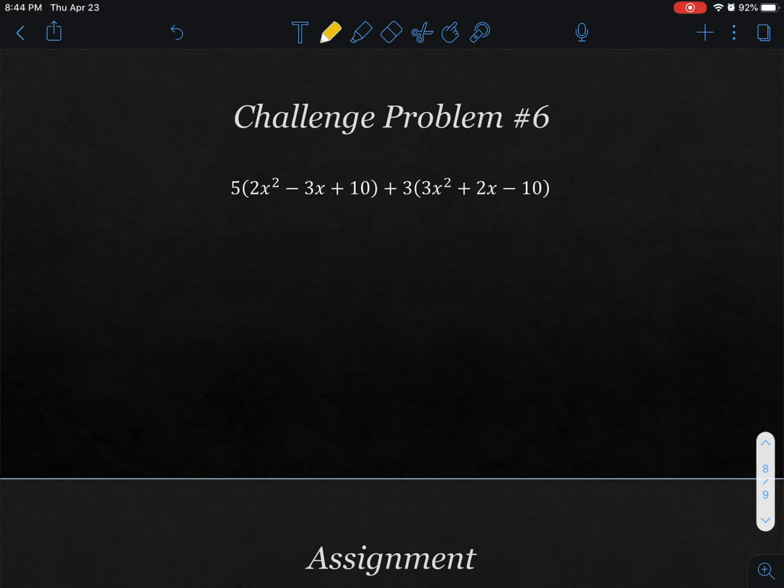Alright, and our last challenge problem, you'll notice that there is a number beside the parentheses on each polynomial, so we just need to distribute.